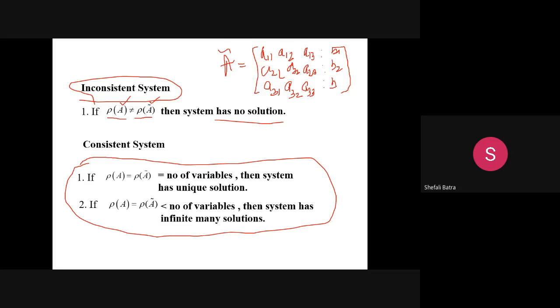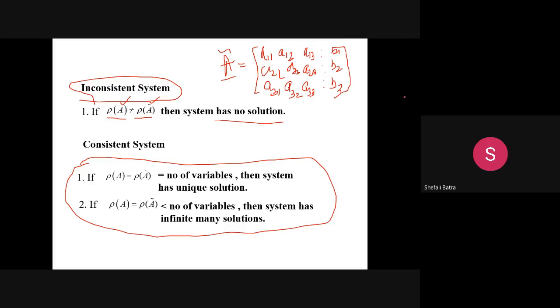So this would be your augmented matrix. You need the rank of the coefficient matrix as well as the augmented matrix. If you are able to find the rank of the augmented matrix, from this we can get the rank of A as well, because for the coefficient matrix we need only these entries. So for finding the rank, we do the simple thing: write the augmented matrix and then find its rank.